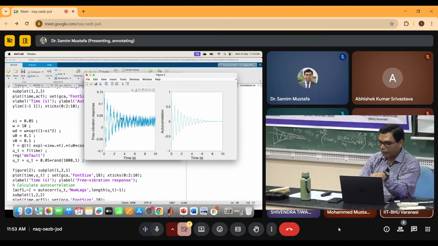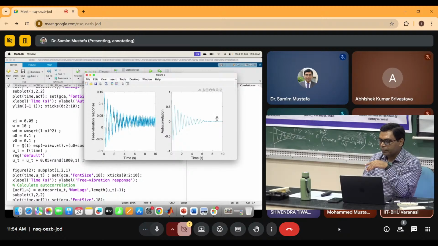So now also, if you assume the noise present in the data, of course first you need to do filtering of the noise, right? And then you have to apply the autocorrelation to check whether the noise that has been added is actually correlated or non-correlated. In this case, I have added white noise, but I have calculated the autocorrelation of the total response, right? That's why it is showing this significant correlation among the data, right?